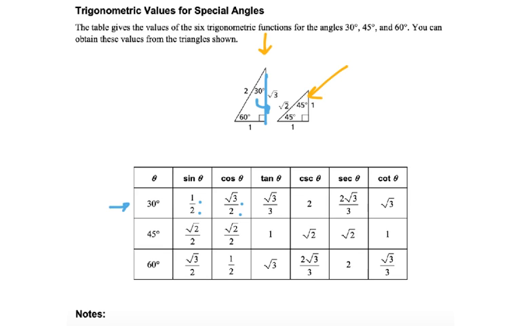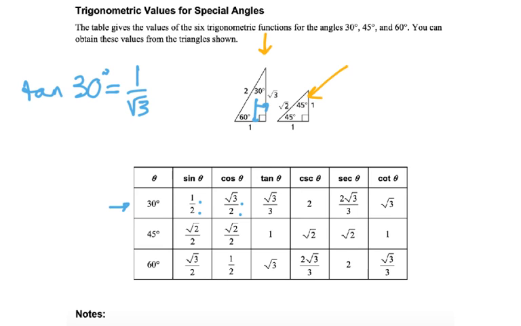Now, tangent's going to be slightly different because tangent is opposite over adjacent. So for the tangent of 30 degrees, you're going to want to put this in the notes underneath the chart. It's going to equal 1 over the root of 3.